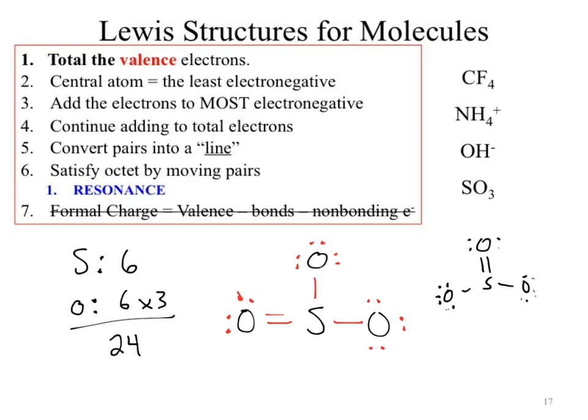Do you still want another example on resonance? Okay, thank you, because that was going to be a stretch. So, very good point here. Can we have more than 4 atoms around a central atom?